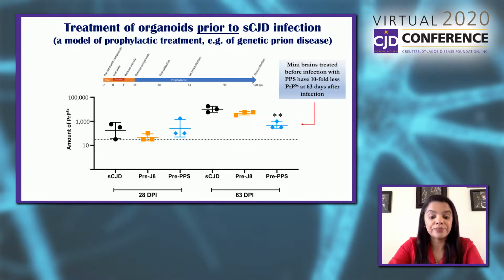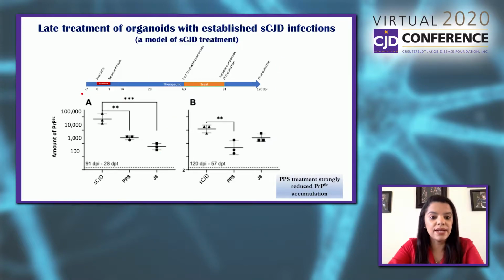Then I assessed the late treatment, which is the therapeutic treatment, which is similar to what happens with CJD patients, where we treat these patients, but the disease is well established. So they have the clinical signs of the disease.